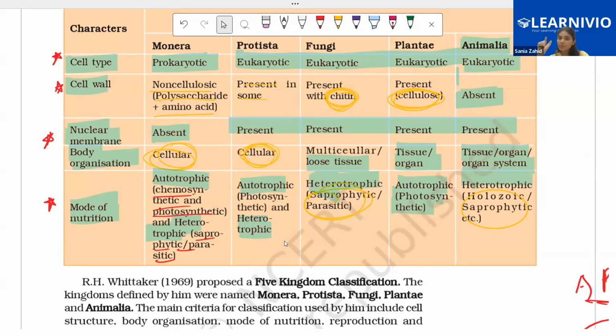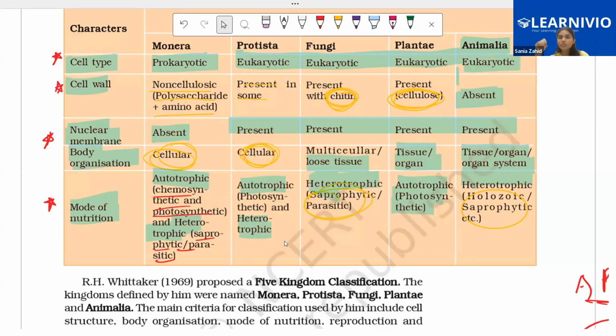Because Protista are autotrophic, but what kind of autotrophic? They perform photosynthesis, not chemosynthesis. So it's not chemosynthetic autotrophic. Instead, it's photosynthetic autotrophic. So there are 2 kinds of autotrophic nutrition. So this way, please make questions in your head and try to have clear concepts.